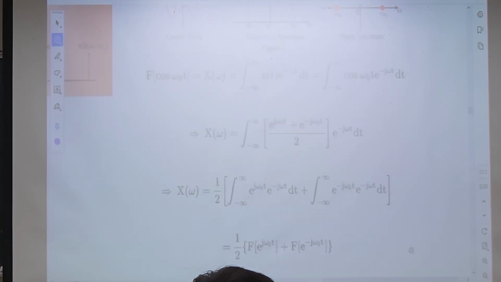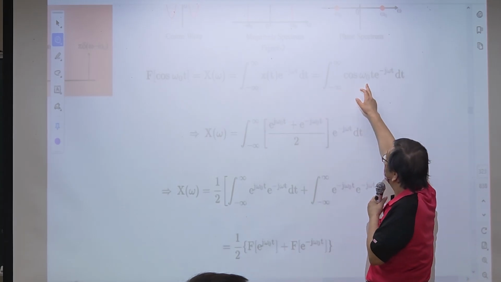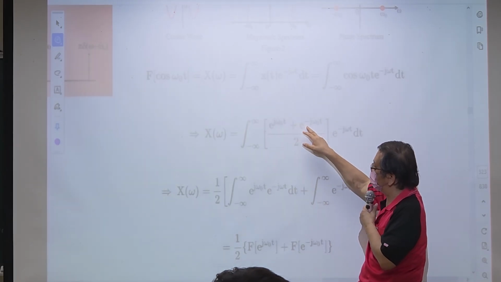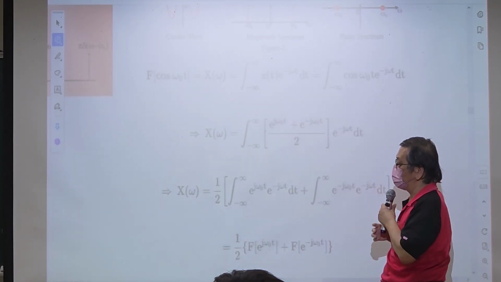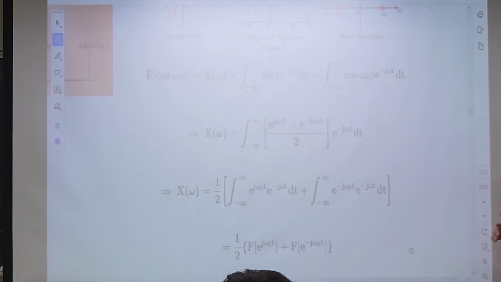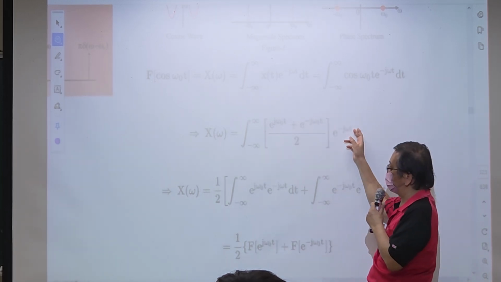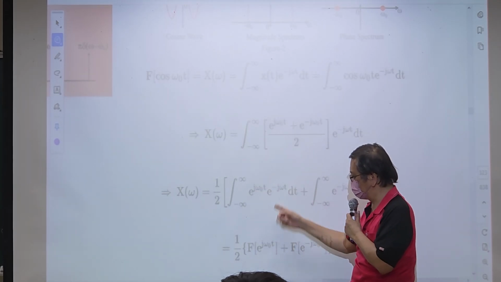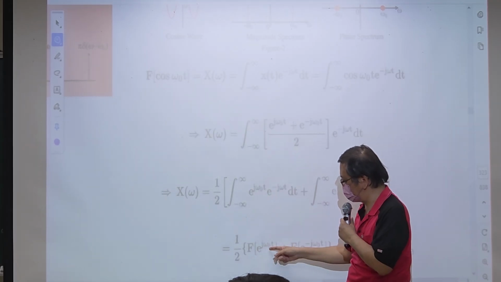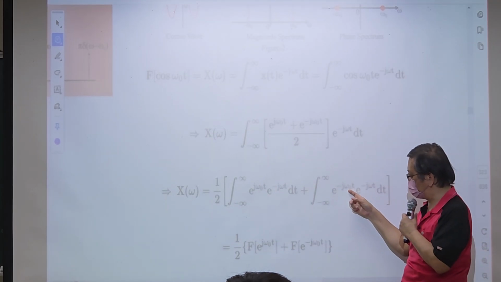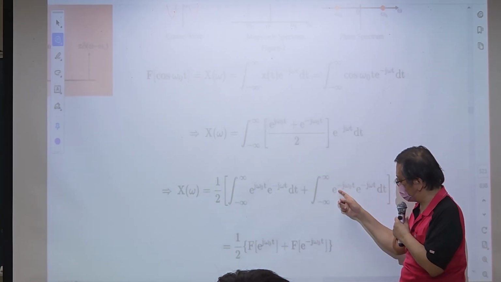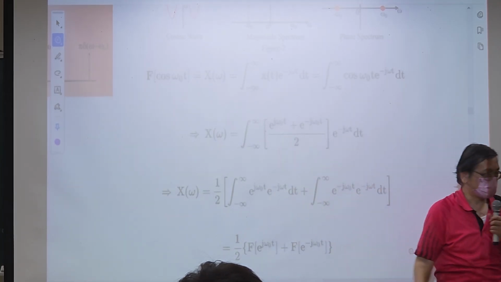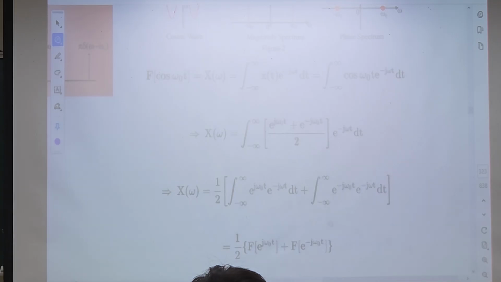At first, we rewrite the cosine omega t as the sum of e to the j omega t and e to the negative j omega t, divided by 2. We have the mean value of the two functions. Then take the Fourier transform of this. Then you have two terms. The first one is the Fourier transform of the exponential e to the j omega t. And the second one is the Fourier transform of e to the negative j omega t. So it's a sum of two Fourier transforms of exponential functions.